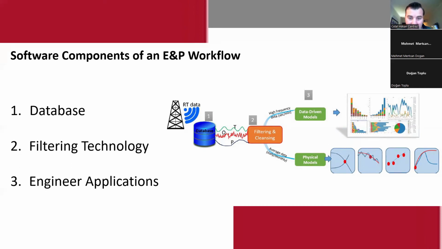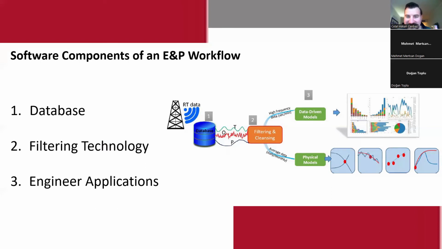We can say a daily average, a monthly average, or every 3 months a quarterly average. Okay, so it is like this. To generate the result, we need this. So this gives the software components of this exploration and production workflow mechanism.